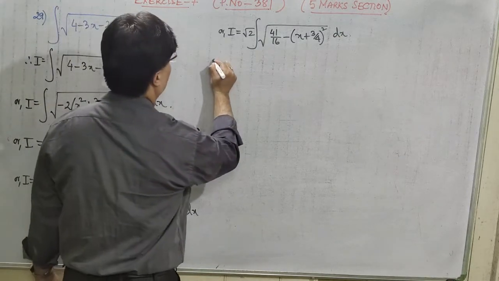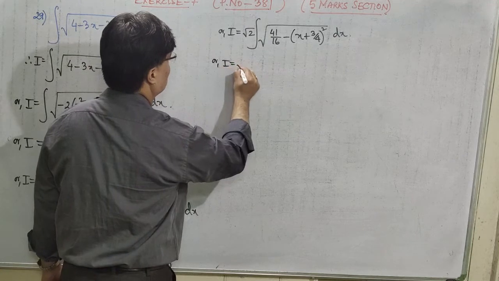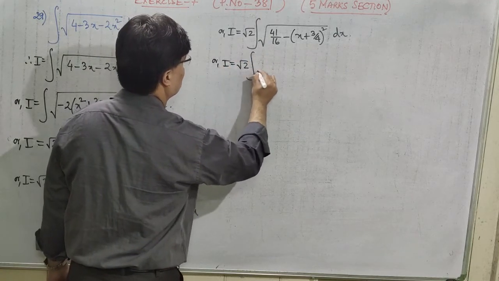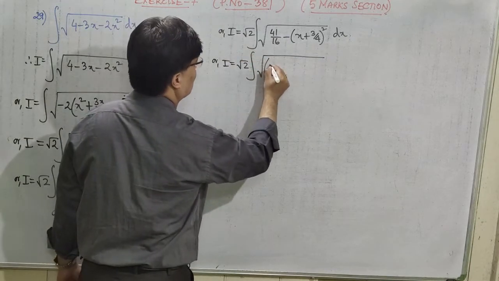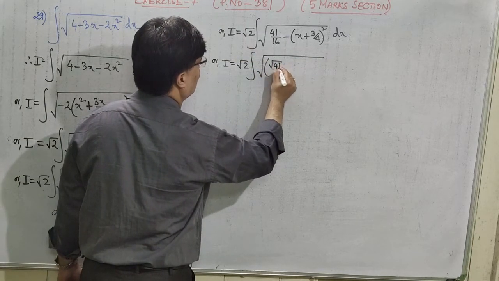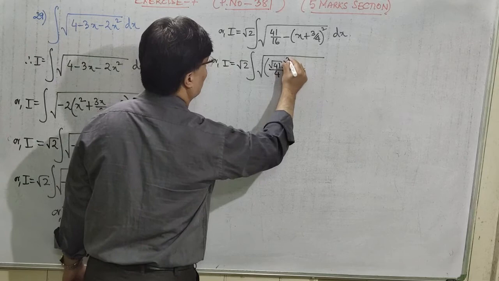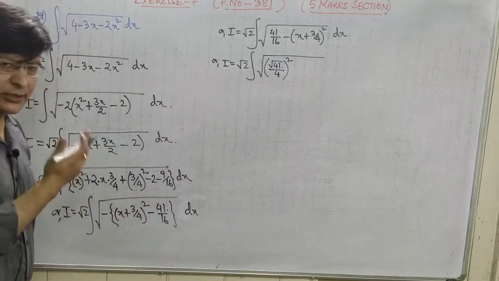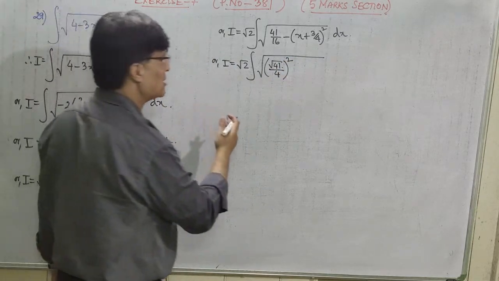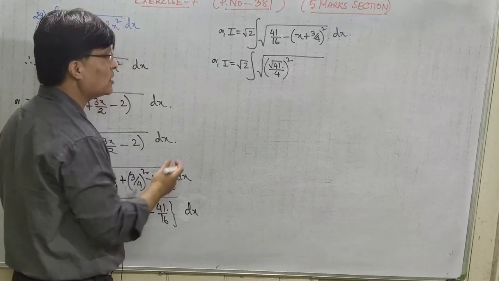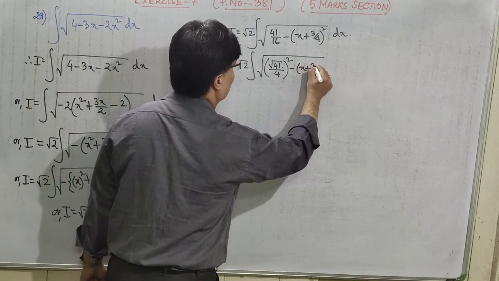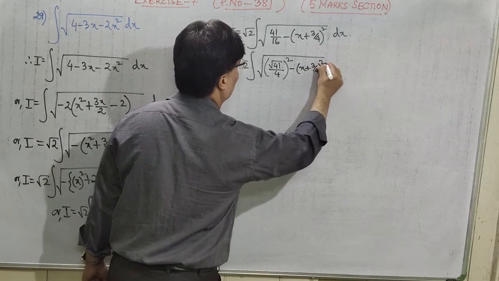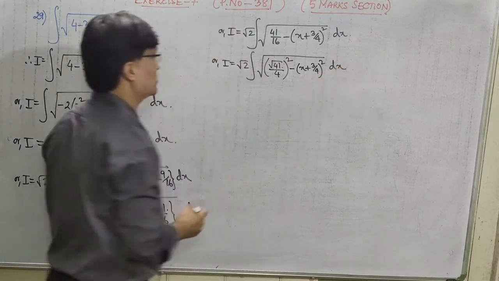Okay, so 41 by 16 is root over 41 divided by 4 whole square. So let us convert it into perfect square form. So 41 by 16 can be written in terms of whole square, that is root over 41 by 4 whole square minus x plus 3 by 4 whole square, then dx.